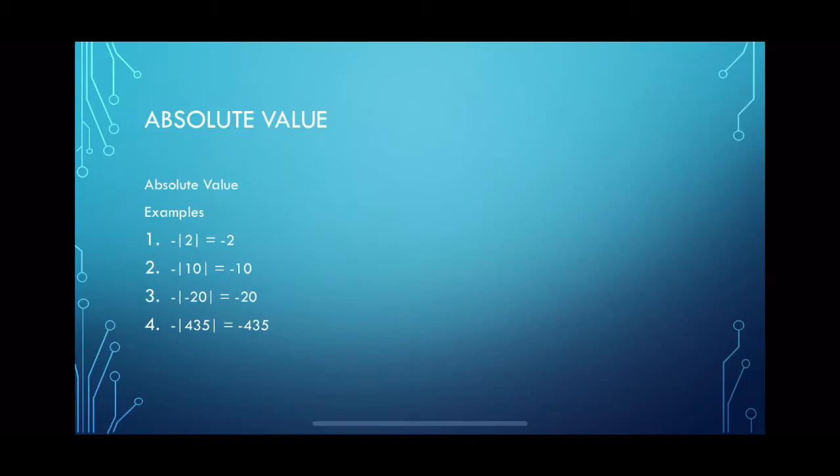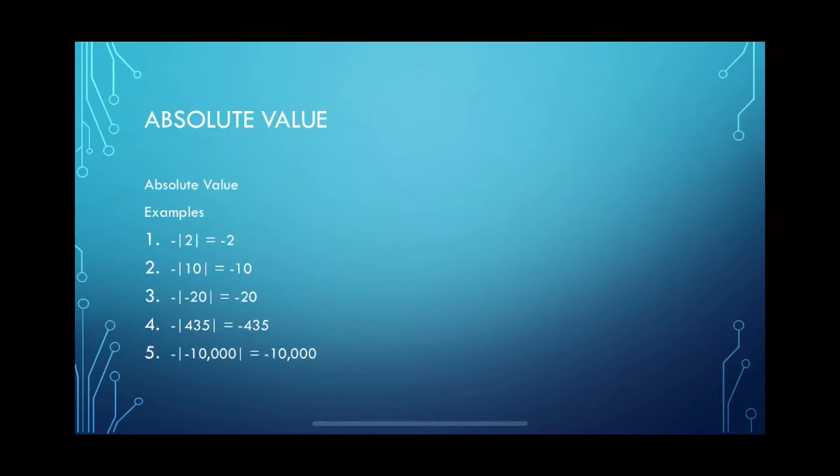So number 4, the negative absolute value of 435 is equal to negative 435. The same reason, the absolute value of 435 is equal to 435, but we have the negative sign outside the absolute value sign, so it will become negative 435.